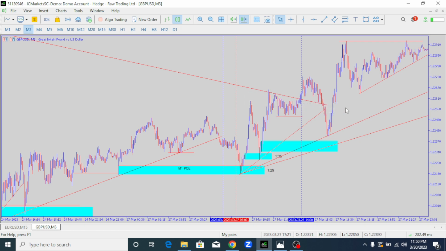So for me to hold the trade, I have to see the price manipulating upside liquidity, inducing people. You see, it created this liquidity below and broke this trend line. People were buying at this point, and it gave this reaction.